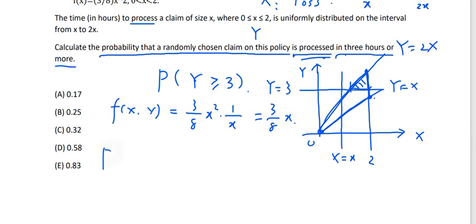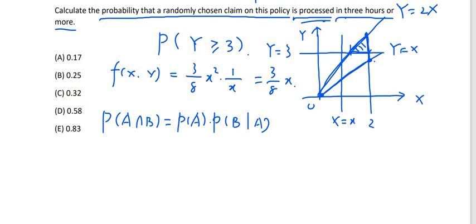Just like the probability of A and B equals P(A) times the conditional probability given A, where P(A) is the marginal density function.